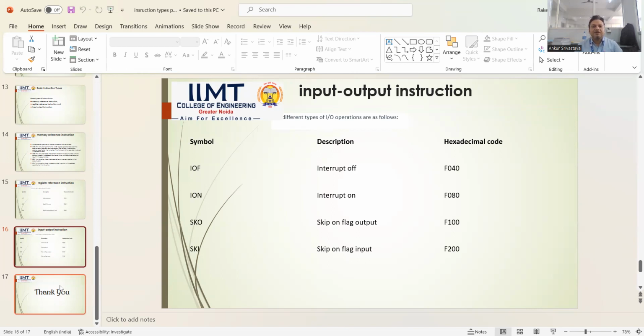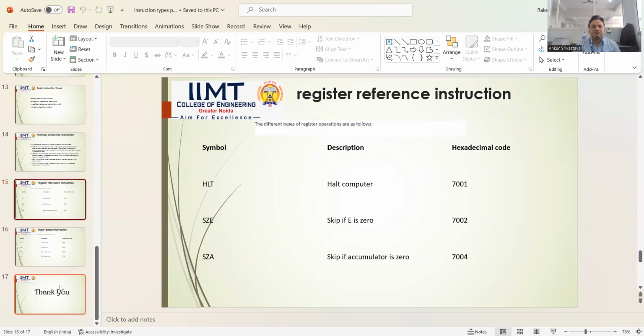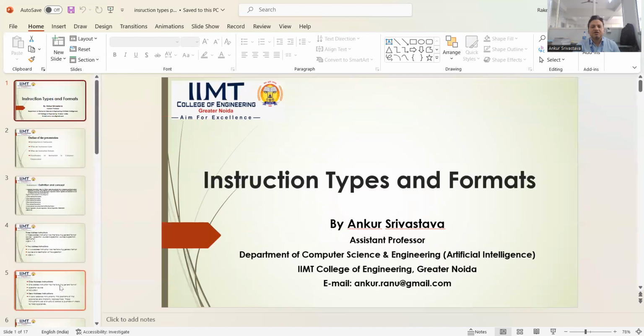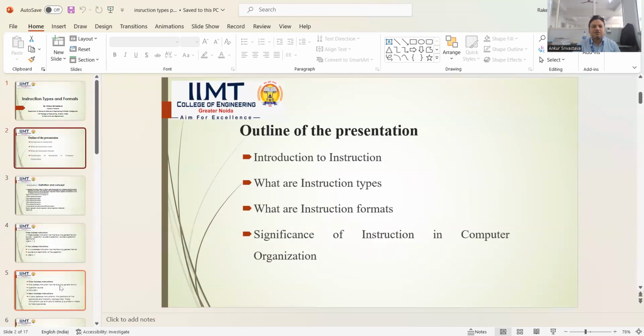So I'm ending my session. What I have presented here are the instructions which are used in COA, computer organization and architecture. The topics that I have covered: introduction to instruction, instruction types, instruction formats, significance of instruction in computer organization and architecture, and advantages and disadvantages of the instruction formats.